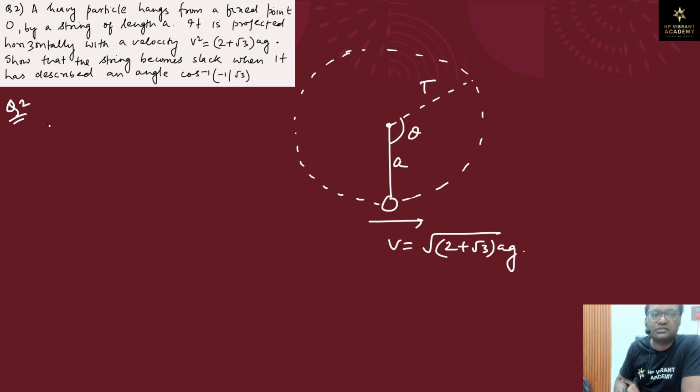Okay, so let us find this. Tension is equal to this, which we have already derived in the previous set of lectures: mu square upon a minus mg (2 minus 3 cos theta). What is given in the question?